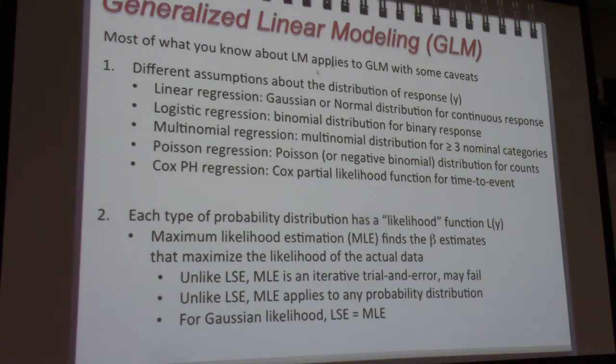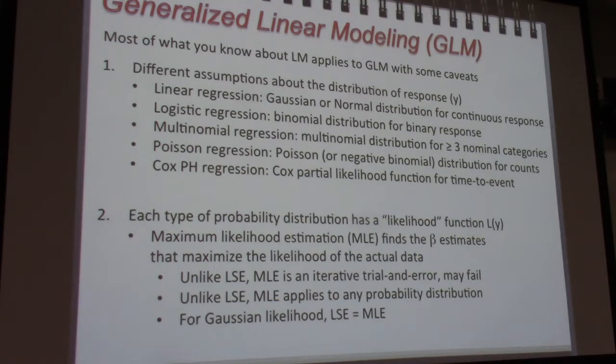So the linear model, you'll recall, assumes Gaussian errors. There are dozens of distributions that I can assume for the generalized linear model, appropriate for different types of data. You'll remember that in the linear model, we minimize the sum of squared residuals, called least squares estimation. That's not how we fit a generalized linear model.